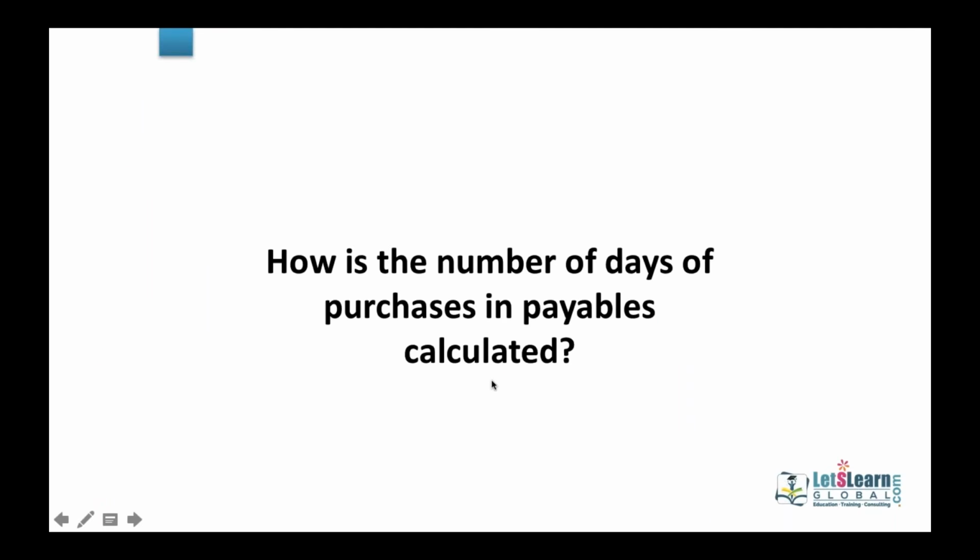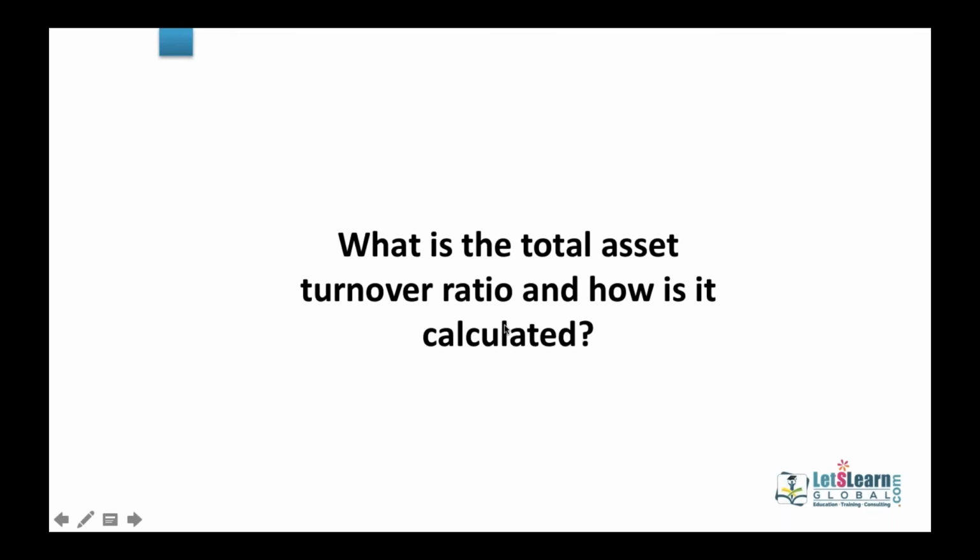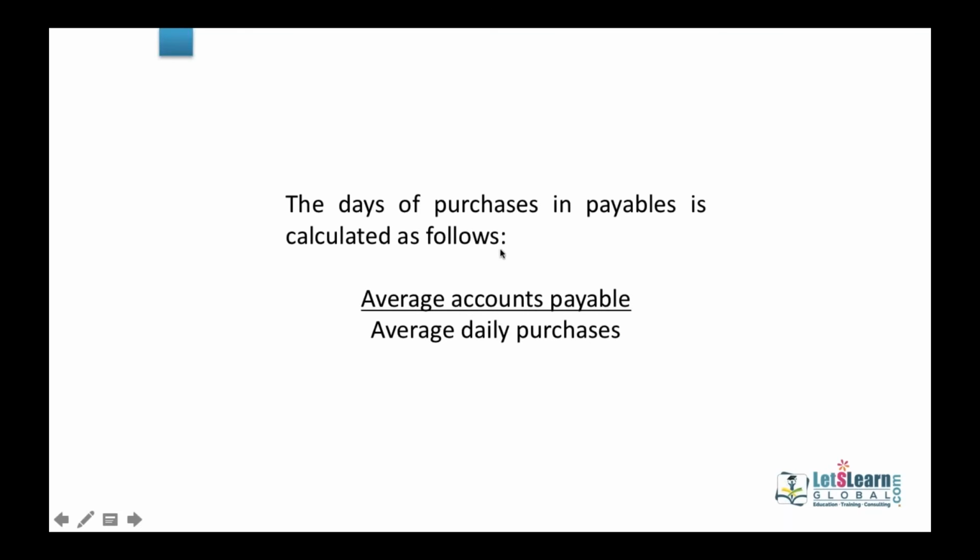The formula is accounts payable divided by average daily purchases, or you can use the same formula with 365, or 360 or 300 depending upon the information given, divided by accounts payable turnover ratio.